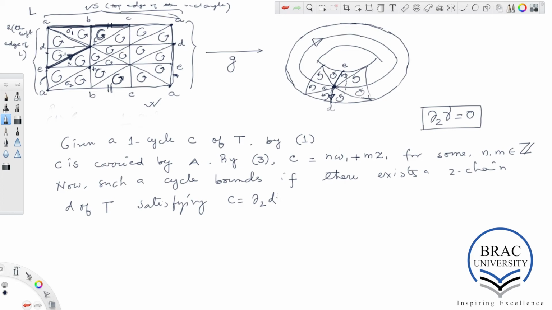Now we know that the one cycle C that we started with is carried by A, which is the wedge sum of the two circles. Since C is carried by A, del 2 D is also carried by A.